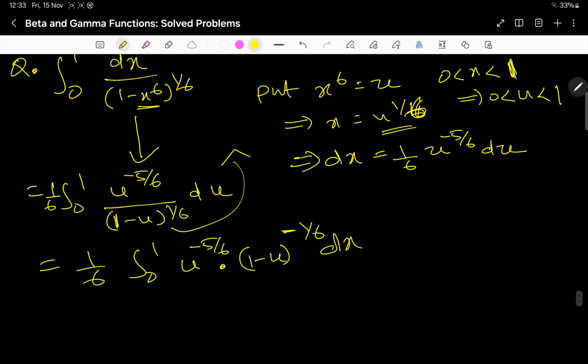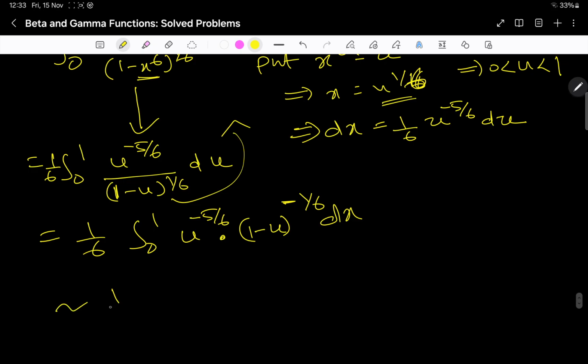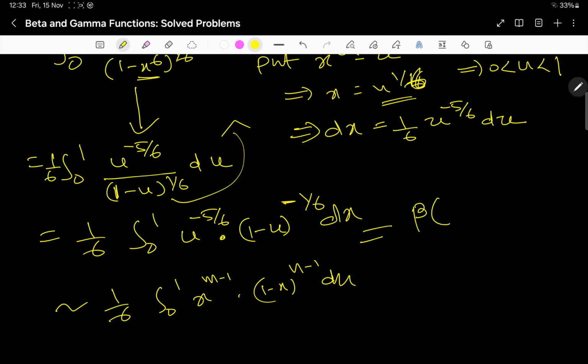Okay, now it is simple, the definition of beta, is it not? Here 1 by 6, 0 to 1, x to the power m minus 1 into 1 minus x to the power n minus 1, is it not that? So this will be my beta of, this will increase by 1, minus 5 by 6 plus 1, comma, minus 1 by 6 plus 1, is it not?